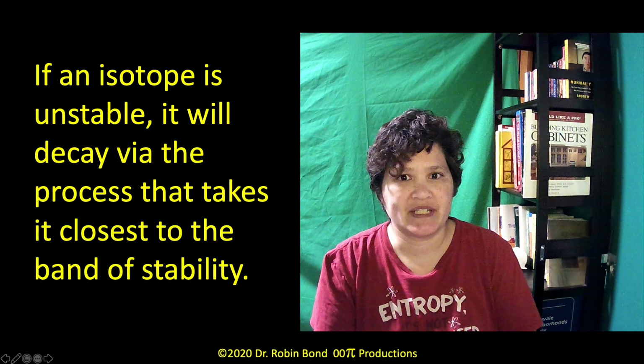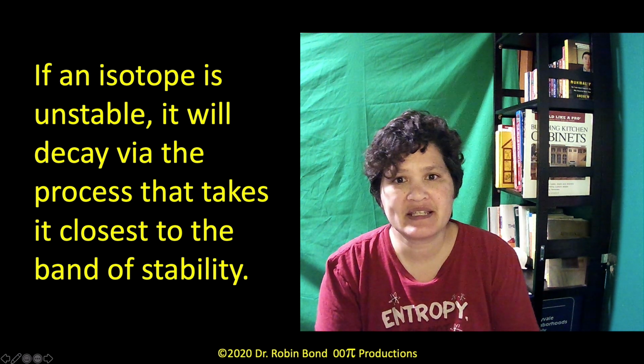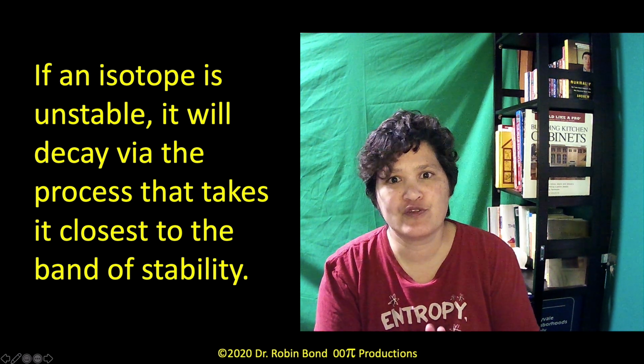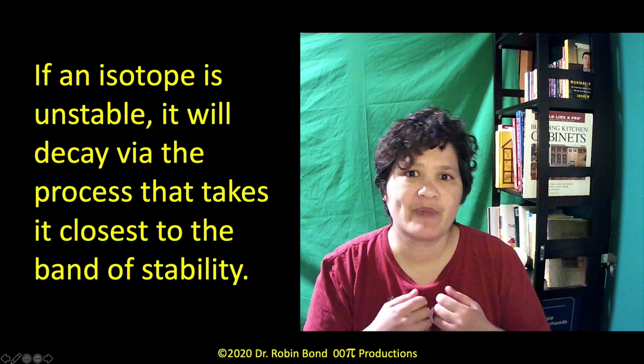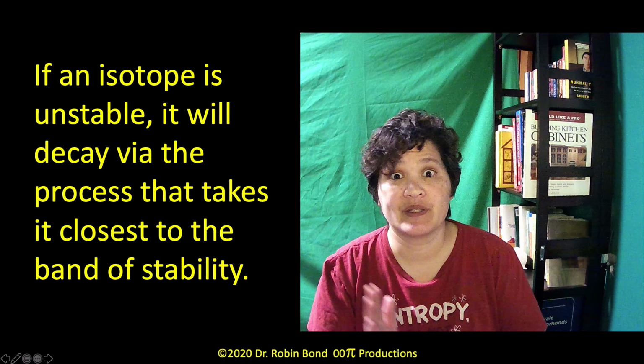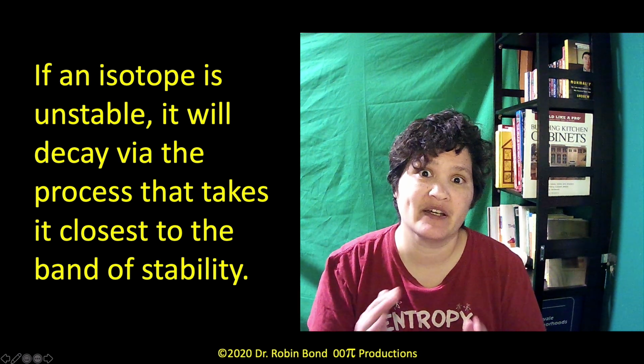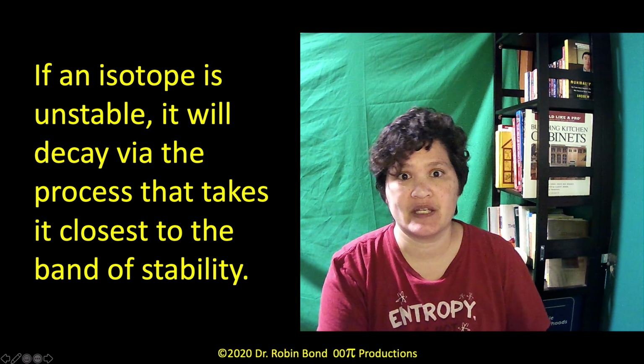The way it will decay is through the process that takes it closest to the band of stability, which may be a process that involves one radioactive decay, or in the case of some of the very heavy elements, it may be a whole chain of different radioactive decays that is predictable.